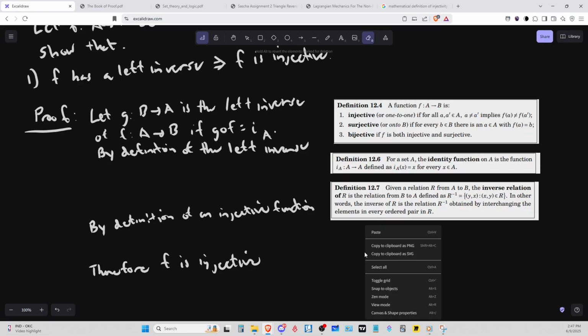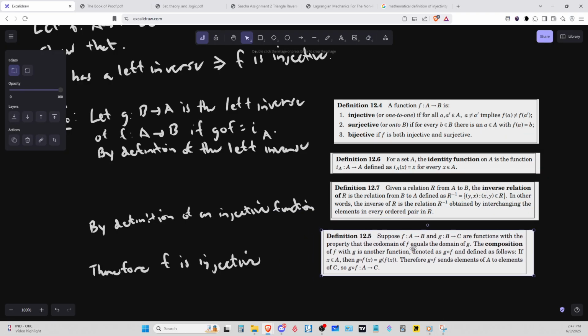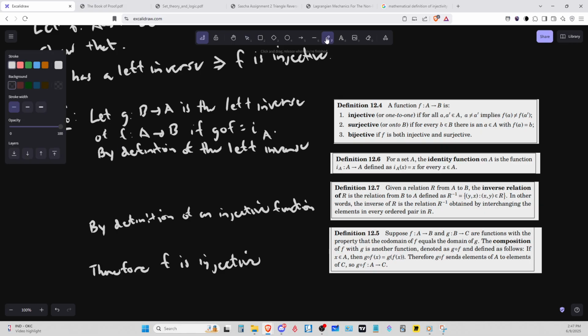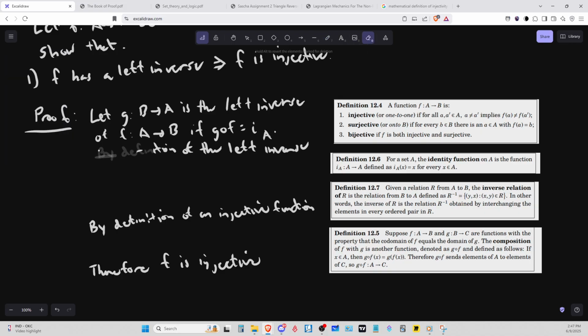I forgot that I still have the little box. There we go, that's back. Okay, so if x in A, then... maybe we have to write that. Maybe we don't. Do we need this? We probably don't need this line.